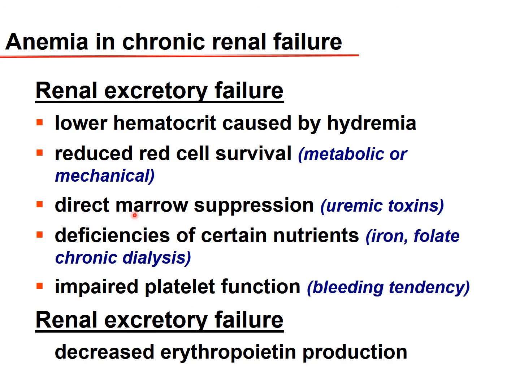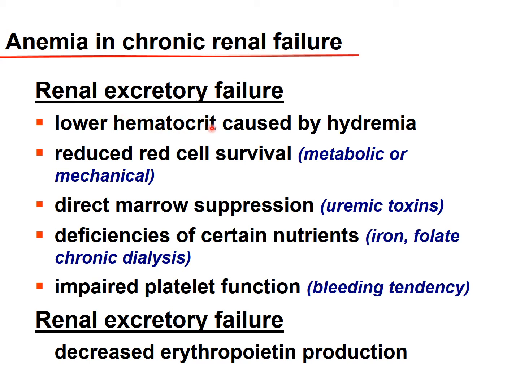Now, anemia could be caused by renal failure as well, especially in chronic renal failure. What will cause this anemia? First of all, if we have an excretory failure, when less and less water is excreted, this is why there is hypervolemia, and it will cause a dilution of the red blood cells.